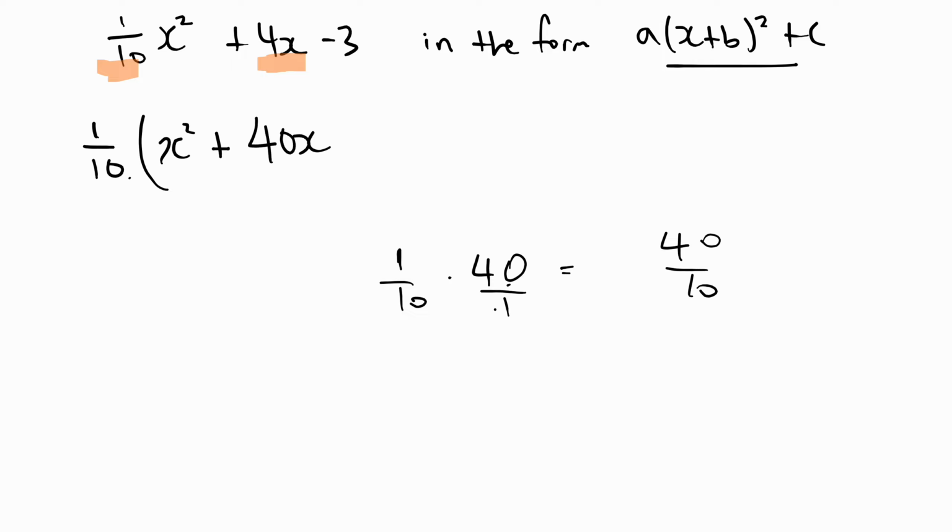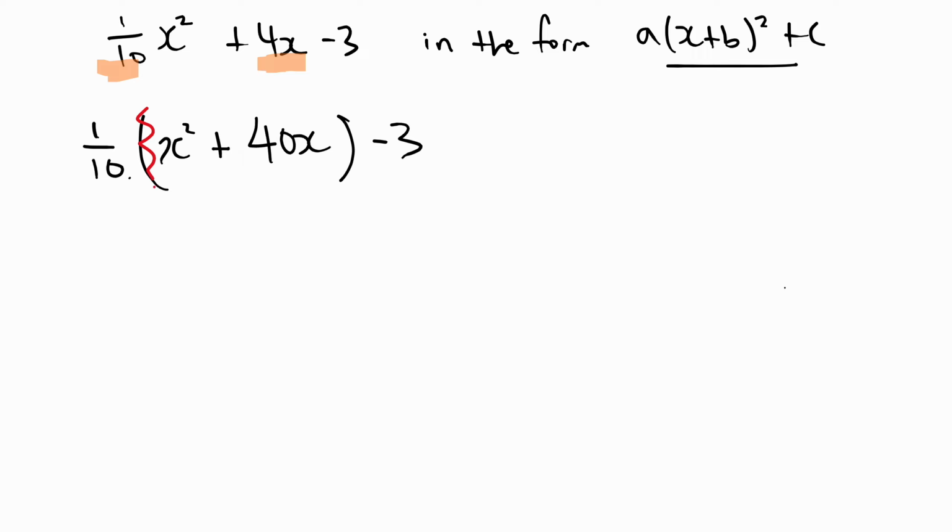You can write the fraction like this. It's going to become 40 over 10, which is going to be 4, right? And that's why we will multiply this coefficient of 4x by 10 to give us 40x, because 1 over 10 isn't part of this. But once you multiply it, it will return us to our original equation, and our minus 3, of course. Then we can do what we always do.